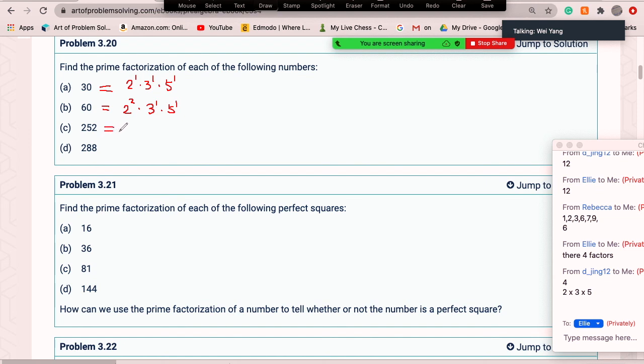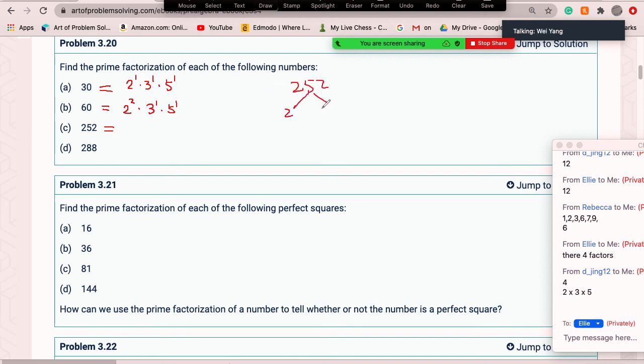Then 252. 2 to the power 2 times 3 to the power 2 times 7 to the power 1. Okay, now let's see, 252. This is an even number.